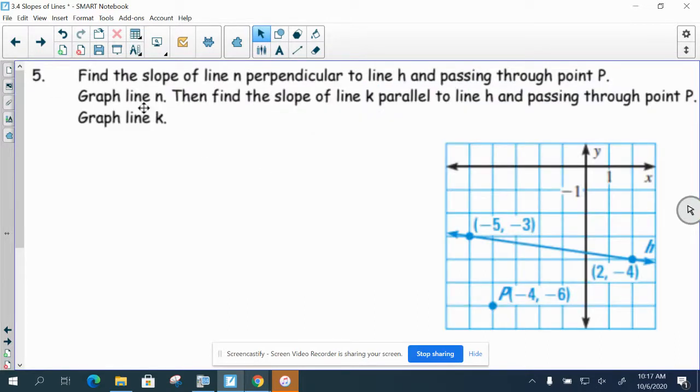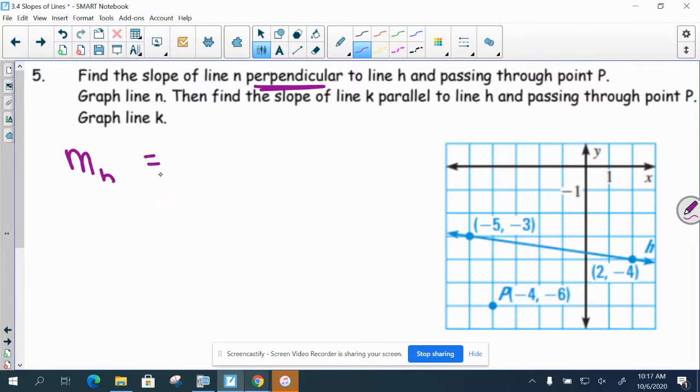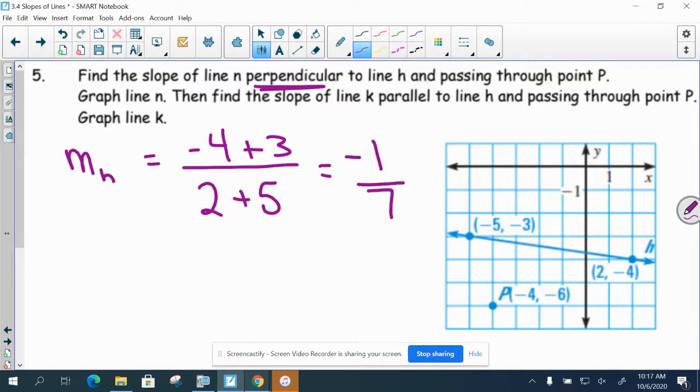And then number 5, find the slope of the line N that's perpendicular to the line H and passing through point P. If it's perpendicular, then it has to have the opposite reciprocal slope. So we're going to find the slope of line H, M sub H, then find the perpendicular slope. So -4 plus 3 over 2 plus 5. This becomes -1 over positive 7.